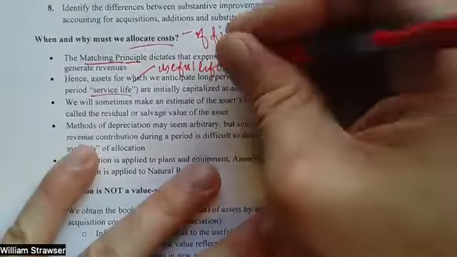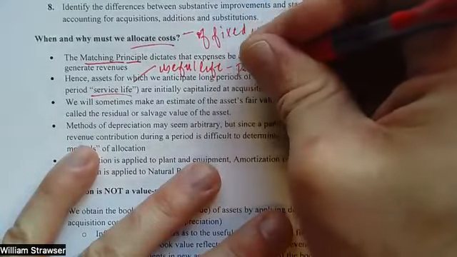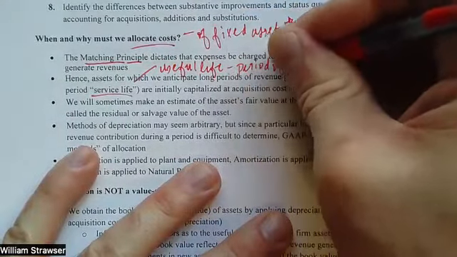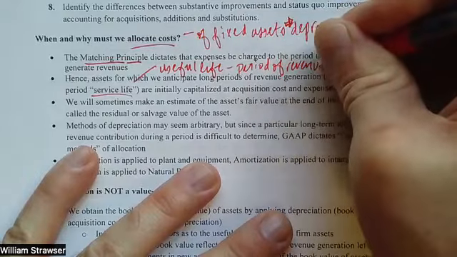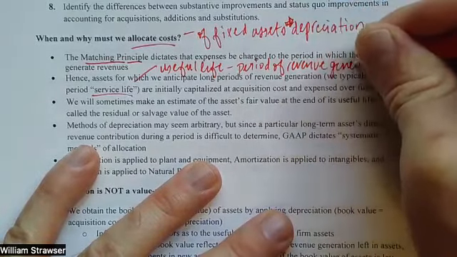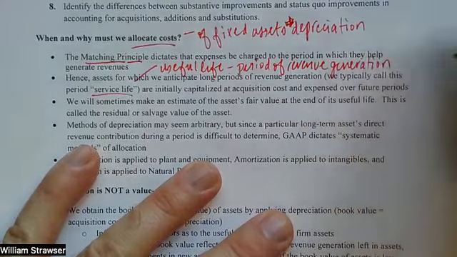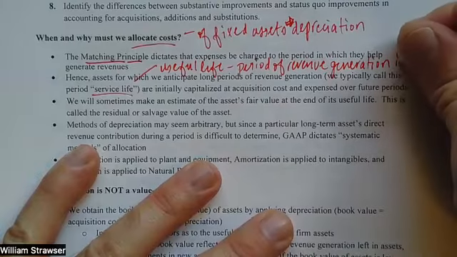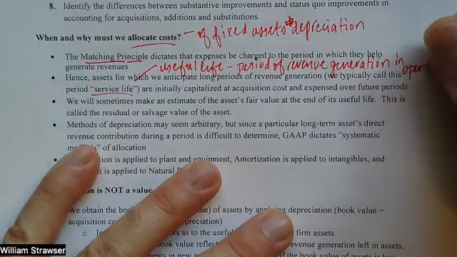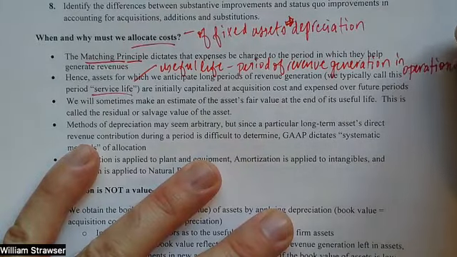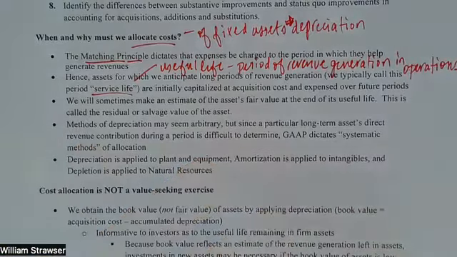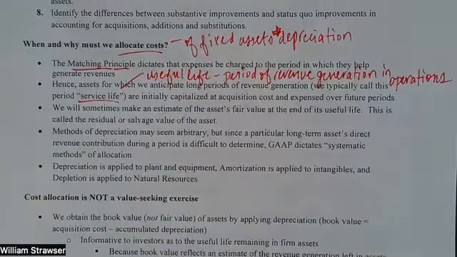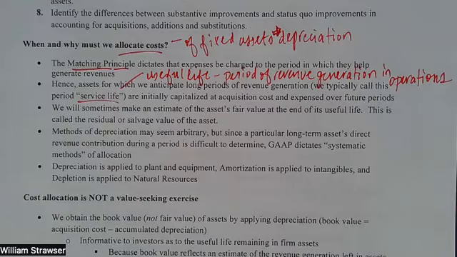It just refers to the period of revenue generation in operations. So if I think I'm going to be able to use a piece of equipment for 10 years, then it has a 10-year service life. And that means that I want to allocate its costs through depreciation over the course of those 10 years to match them to those revenues.